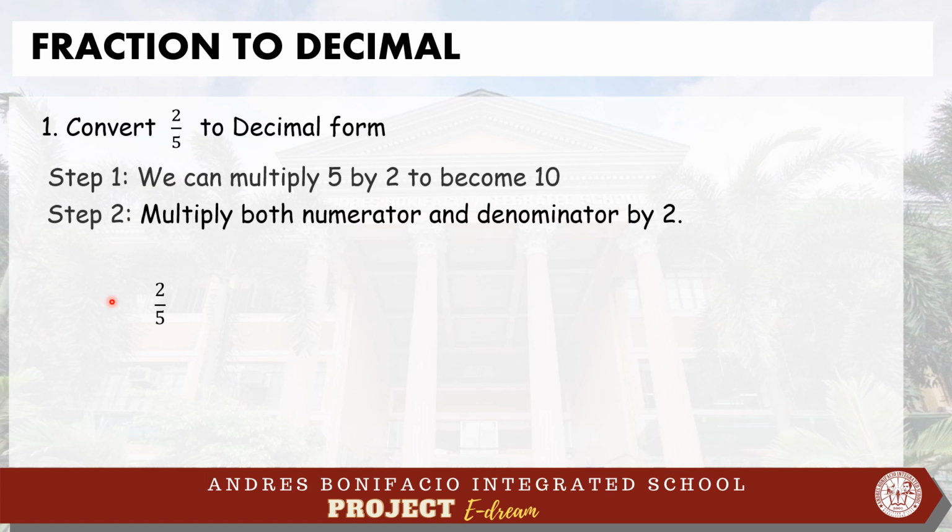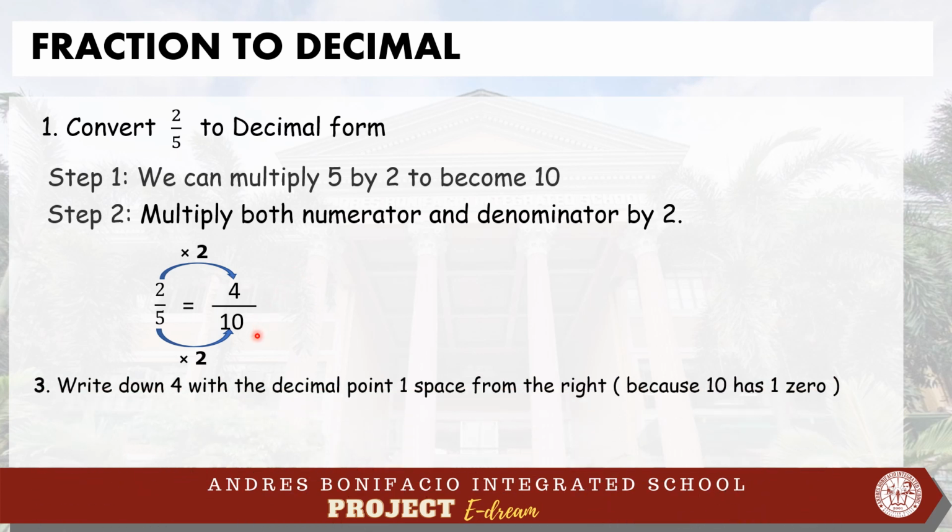Let's have first our numerator. We have 2 times 2, so we have 4. Next, 5 times 2, we have 10. So therefore, 2/5 is equal to 4 over 10, or the equivalent fraction of 2/5 is 4 over 10.